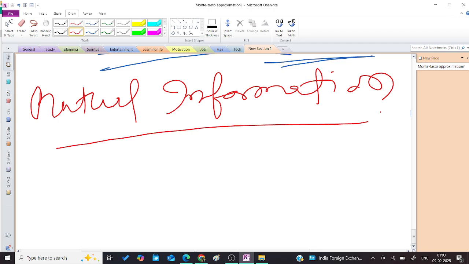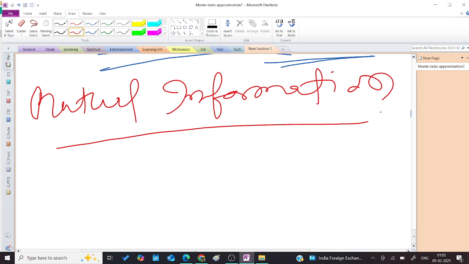So if some event is happening, what is the probability that another event may also occur or may also have happened simultaneously?